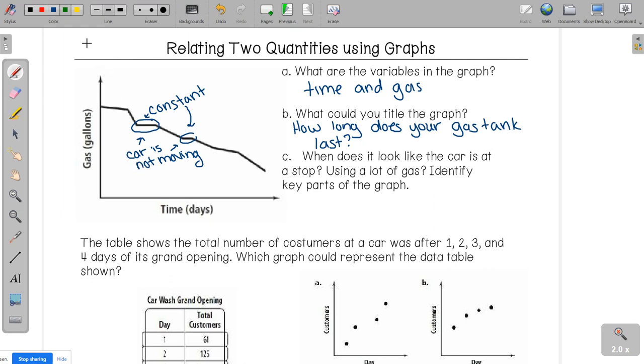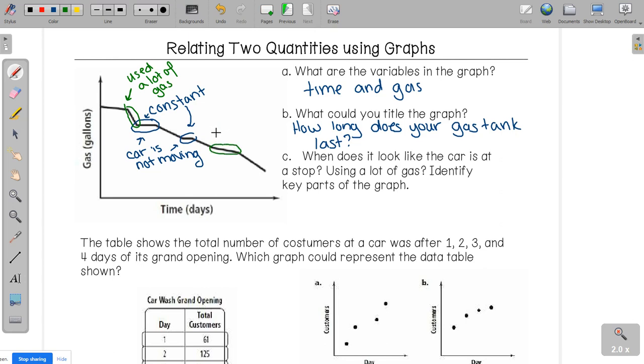Then let's look here. This part right here. It's dropping down quickly. So this person used a lot of gas. While here, this decrease is a gradual decrease.